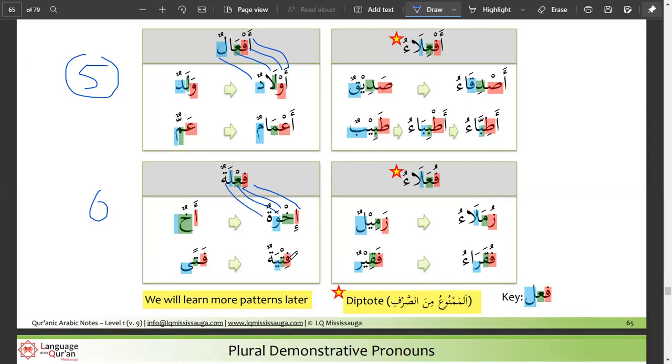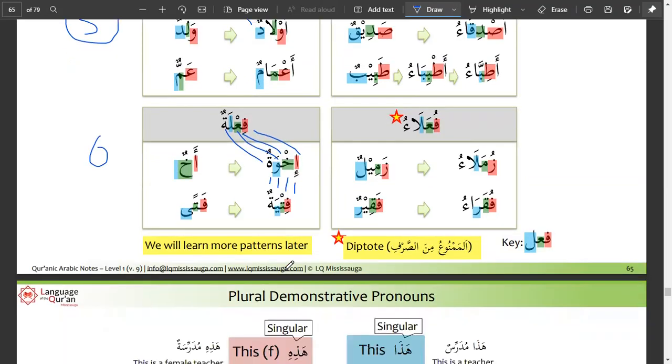Ikhwatun, fityatun. They have the same pattern here. Akhun and fatan. Akhun, ikhwatun; fatan, fityatun. And there is another plural of akhun, which is ikhwanu.